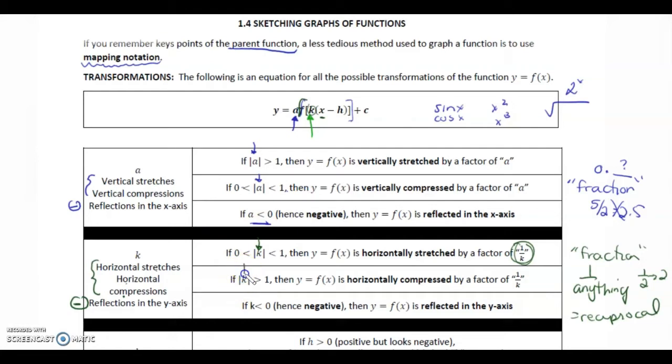Okay, if the absolute value of k is greater than 1, then it is a horizontal compression by a factor of 1 over k. So whatever that number is, flip it. And then if k is less than 0, in other words negative, our function is reflected in the y-axis.